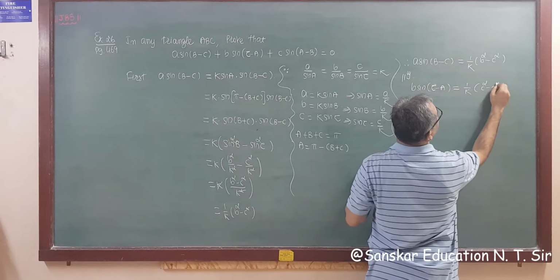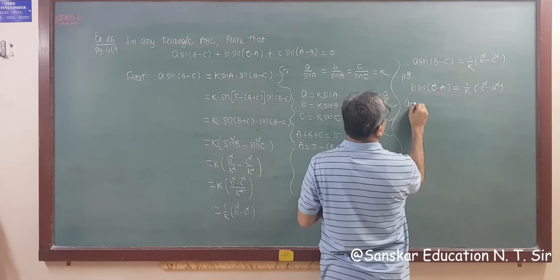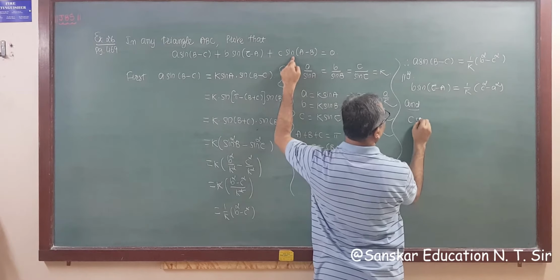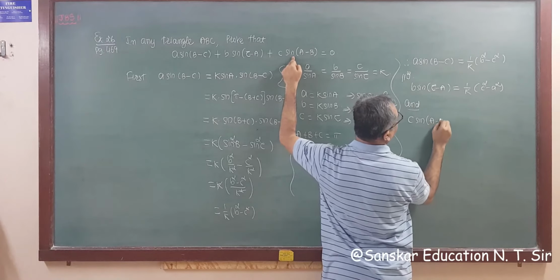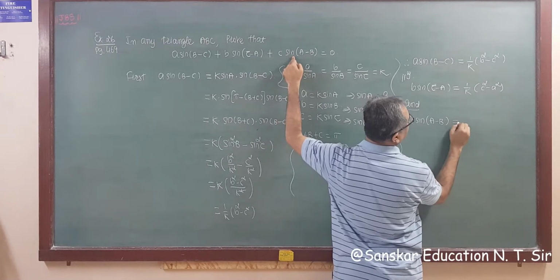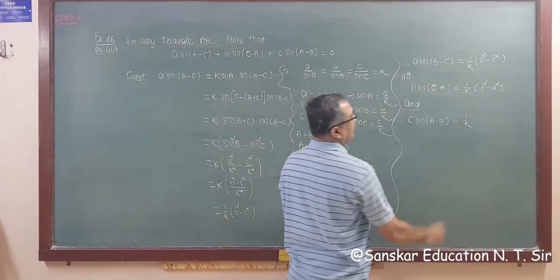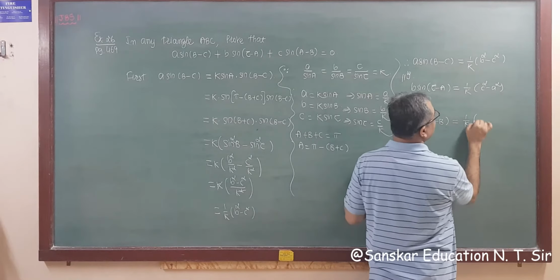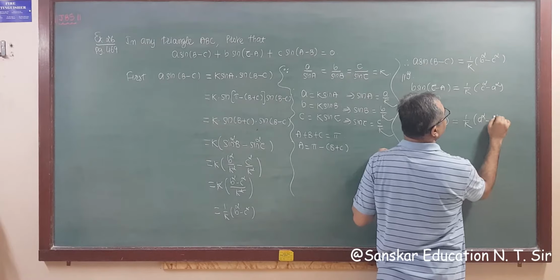So we get c squared minus a squared. And c sin(A minus B) is equal to 1 upon K, and this is a squared minus b squared, small letters.